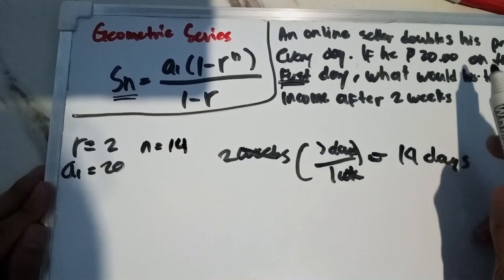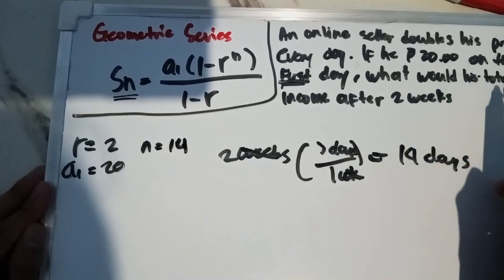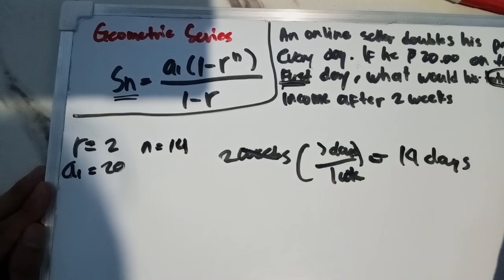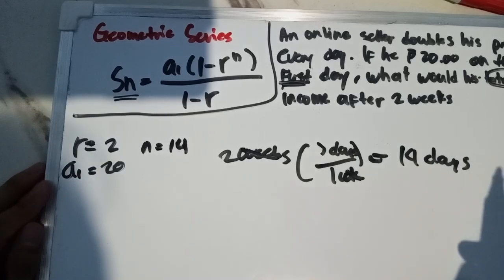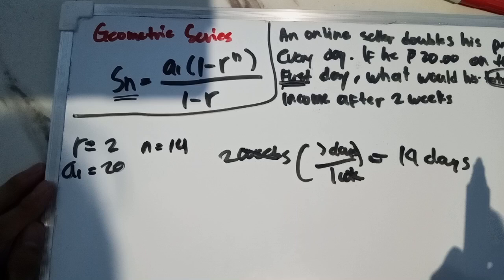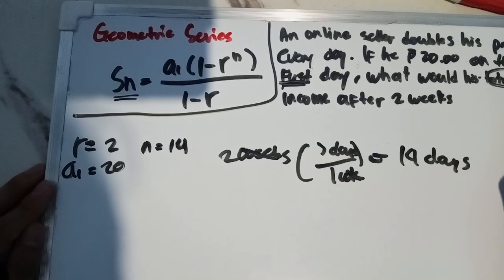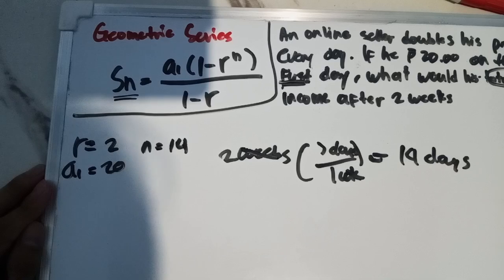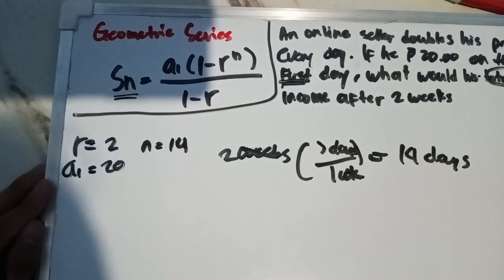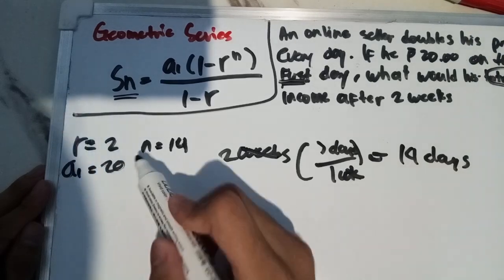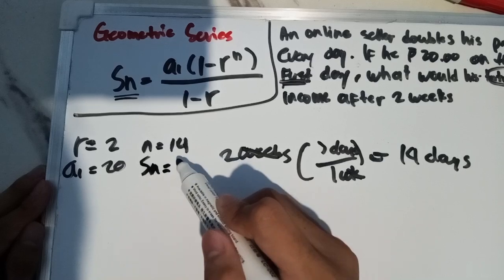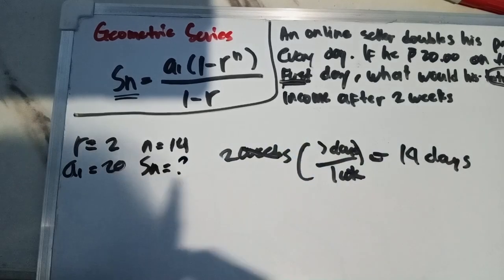And what would be his total income? Now, the word total defines the accumulation of money. Tinatanong dito kung ano yung total nung nakuha niyang pera, kasama si 20 pesos, yung second term, third term, and so on. So our Sn is what we need to find.